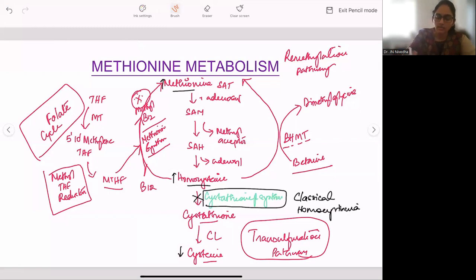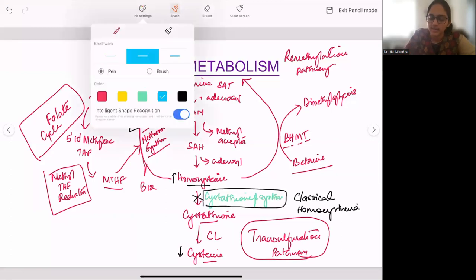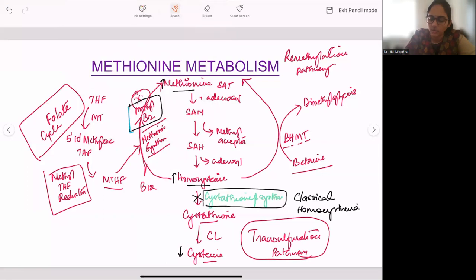Now if there is B12 deficiency, what happens? Remethylation from homocysteine to methionine cannot occur. So homocysteine again builds up in the body, but methionine levels will be low because methionine is not synthesized from homocysteine.